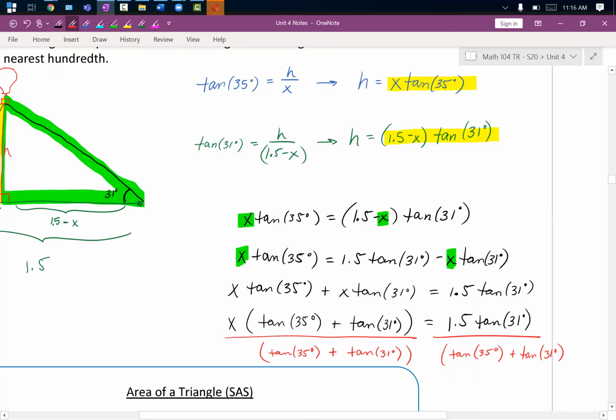All right, so now we have to put this in our calculator. Make sure when you put it in your calculator that you have this denominator in parentheses.